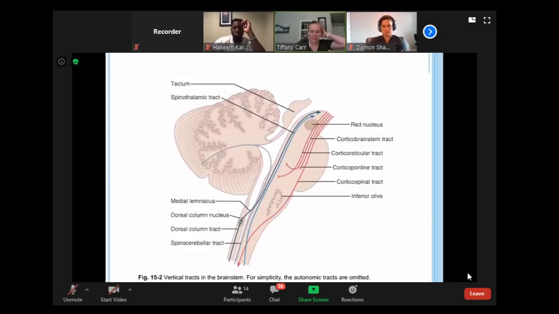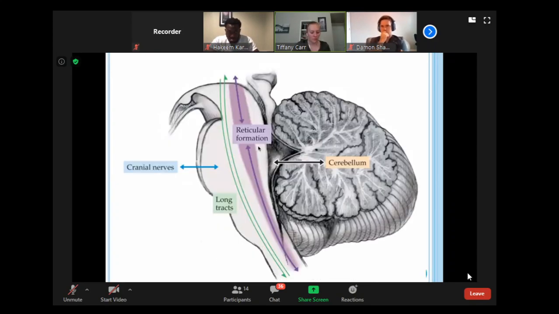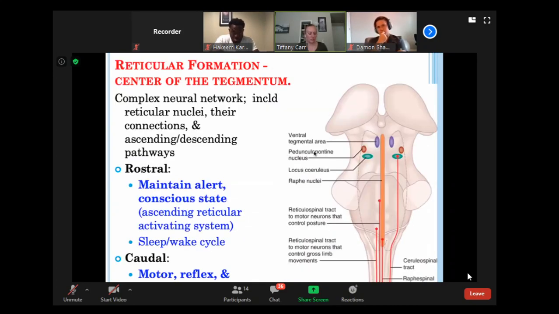All right. So again, just another demonstration of the different tracts. So we have all the red motor tracts here, and then the sensory tracts posterior. All right, another example of that, knowing that the reticular formation kind of has a bilateral direction that it runs throughout there, the cerebellum, cranial nerves, all that good stuff.